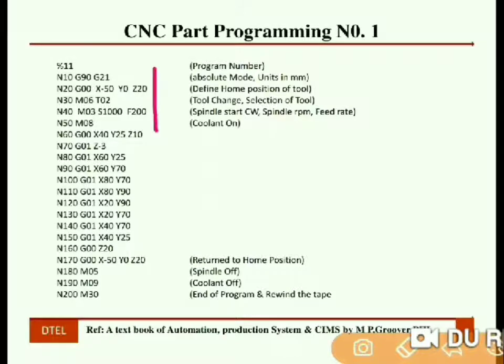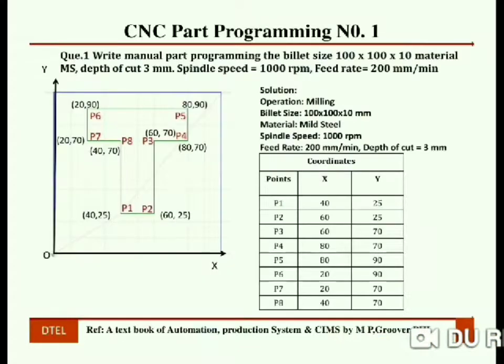G00 means rapid interpolation, and the target desired location is X40, Y25, Z10. So we need to move the tool from the home position to the desired location.